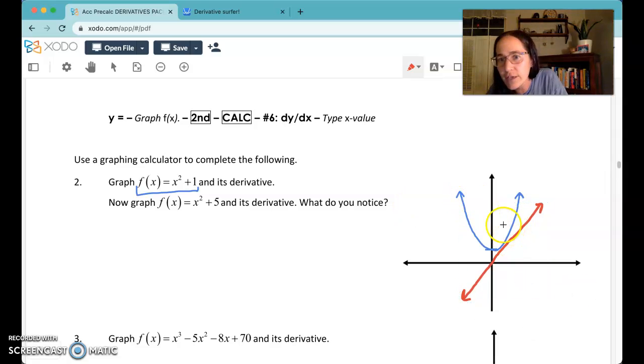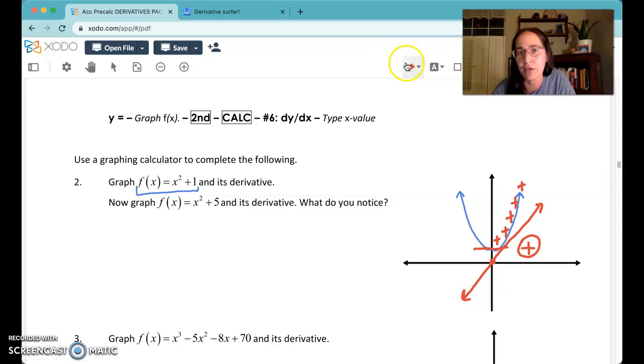Where the derivative is positive, where the red graph is above the x-axis, do you notice the blue graph is always rising? And that should make a lot of sense. Where your rate of change, your slopes of tangent lines, are positive and getting increasingly more positive, this derivative graph is all above the x-axis. The derivative is 0 right where you'd have a horizontal tangent line, right where the slope of the tangent line would be 0.